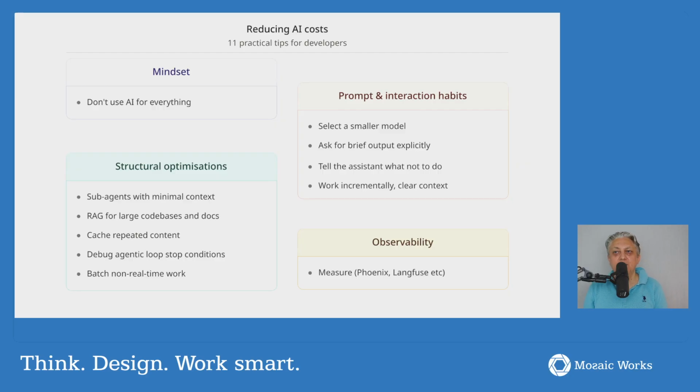And then maybe the most important one from this category is to work incrementally and clear context. So the way you can think about this is take a big problem, split it into smaller problems, start working on that, and for every task you generate an artifact, you then clear the context and you move to the next one while feeding exactly the context that you need, the files and the artifacts that you need, into the next phase.